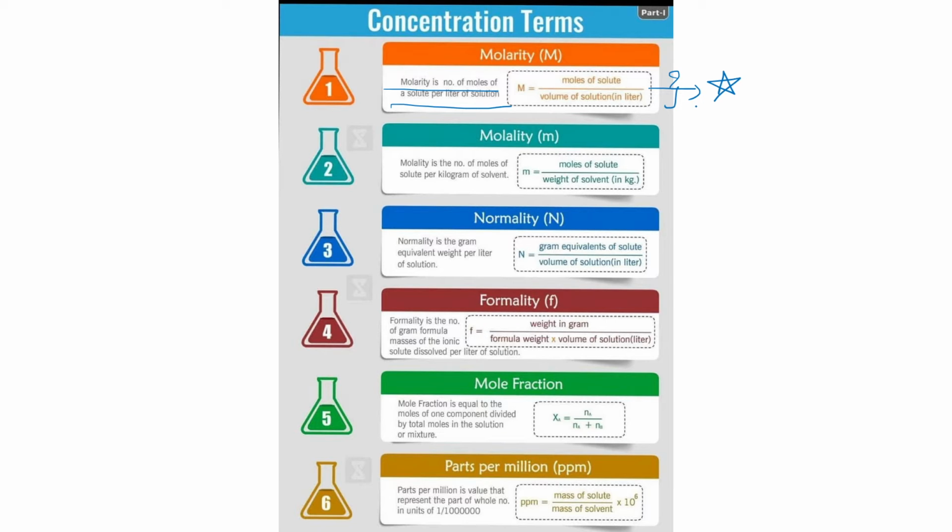I'll give you some questions, and you need to practice them. Molality is defined as number of moles of solute per kilogram of solvent, with formula moles of solute by weight of solvent in kg. Normality is defined as gram equivalents of solute by volume of solution in liters, and we also discussed how it is related to molarity. Normality is equal to molarity into n factor.